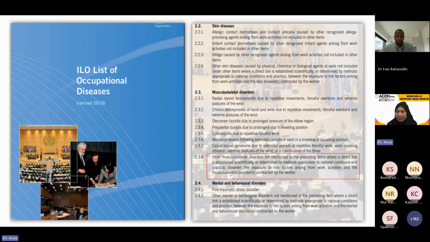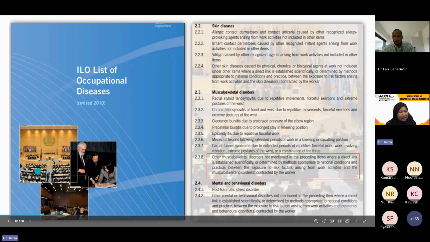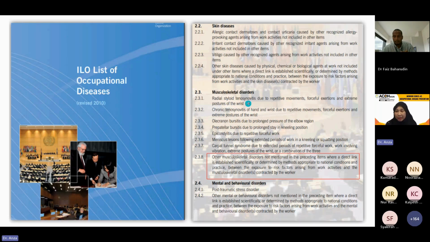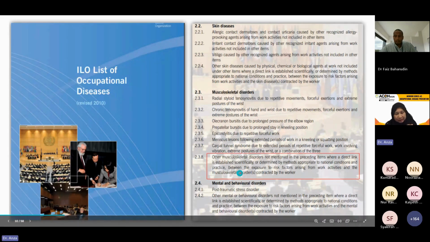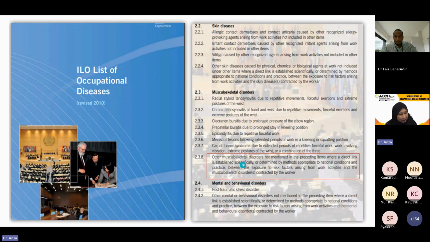So someone mentioned to me about slip disc. When you look here, for musculoskeletal disorders, slip disc is not here. Why? Because it is multifactorial. And there is a clause here: other musculoskeletal disorders not mentioned in the items, where a direct link is established scientifically or determined by methods appropriate to national conditions and practice.